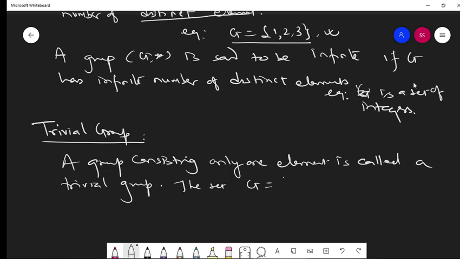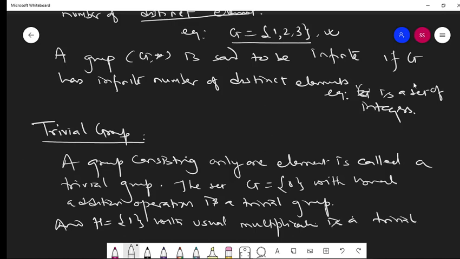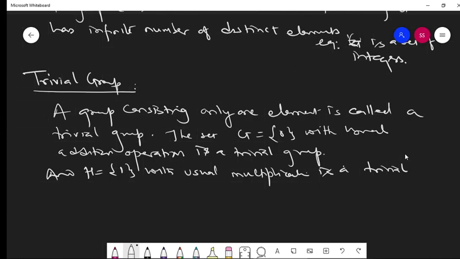The set Z equal to {0} with the usual addition operation is a trivial group, and H equal to {1} with the usual multiplication is a trivial group under multiplication.